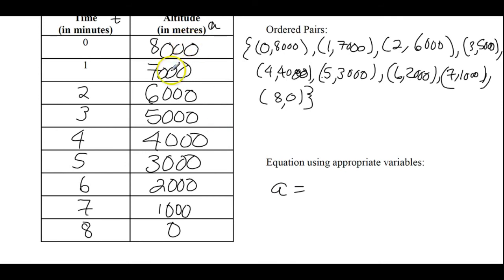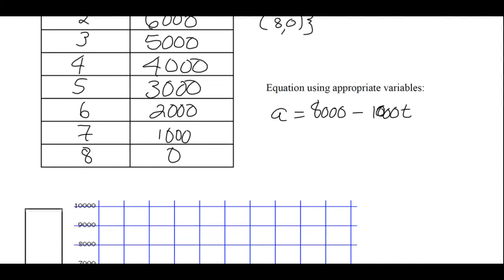We're starting with 8,000 and then we're subtracting. 8,000 minus 1,000t. So when t is 0, this will be 8,000. When t is 1, it's 8,000 minus 1,000, which is 7,000. When t is 5, it's 8,000 minus 5,000, which is 3,000. So this works, right? We have our variables, and we have an appropriate equation.